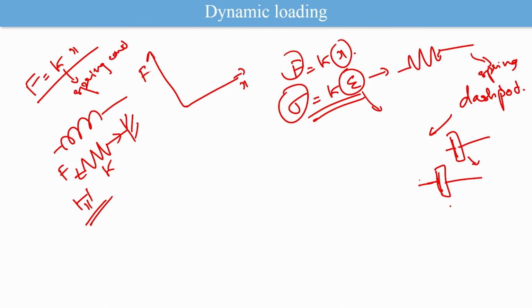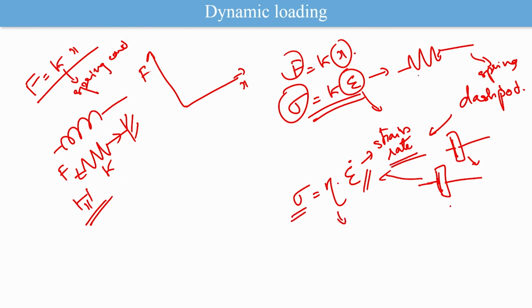In this case, the stress can be represented as eta into epsilon dot, where epsilon dot is nothing but the strain rate. So, a dashpot is an element where the stress is dependent upon the strain rate, and instead of the stiffness k that we discussed earlier, in a dashpot we define viscosity.